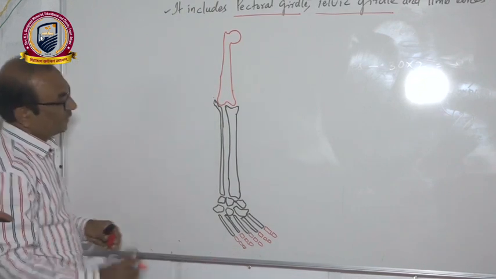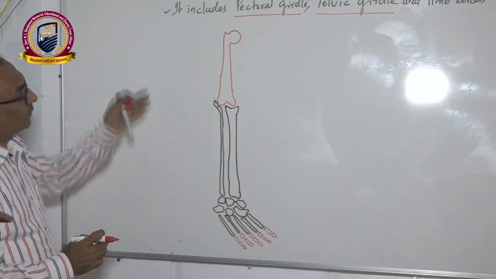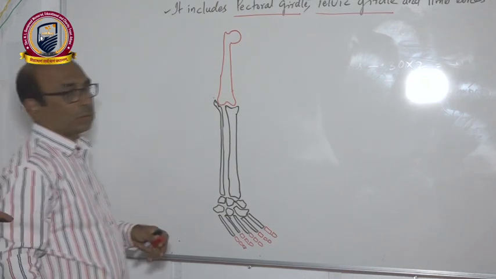Okay, this is the rough diagram to show how the bones are arranged in our lower limb.